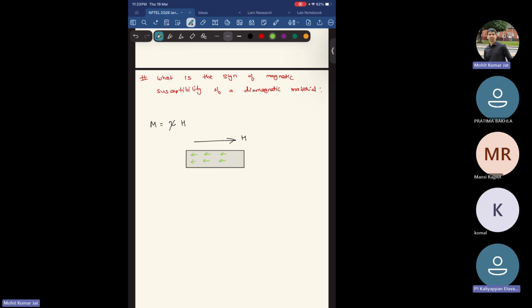Your magnetization is in the opposite direction. So if your H is in the plus Z direction, your M will be in the minus Z direction. That's only possible if your chi has a negative sign. This implies chi is negative for diamagnetic materials.